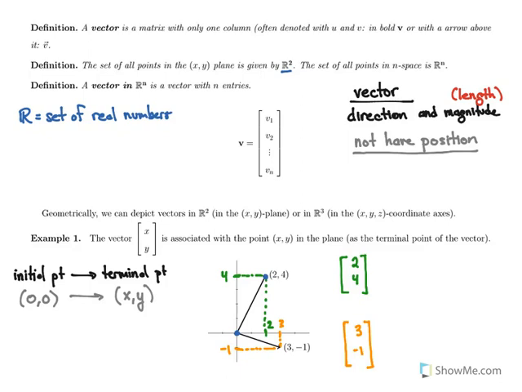But note that I can draw these vectors wherever I want. So this vector 3, negative 1, I could also just draw over here. It has a direction and a magnitude, and I can draw that vector wherever I want in 2 space, and it's still the same vector. But it's going to be called in standard position if I start it at 0, 0 and it goes to that terminal point.